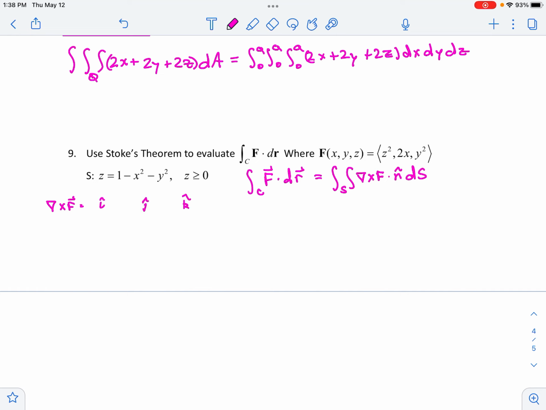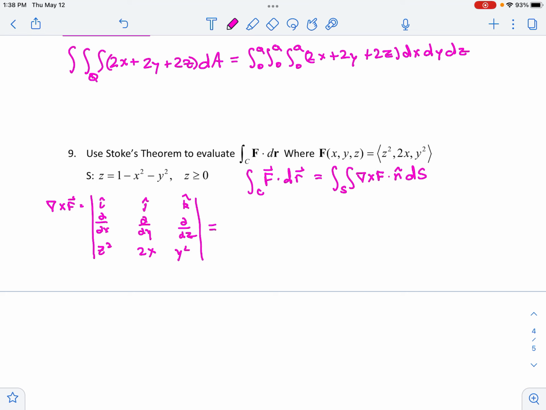So I've got partial with respect to x, partial with respect to y, partial with respect to z, and then I've got z squared, 2x, and y squared. Okay, there I have it.